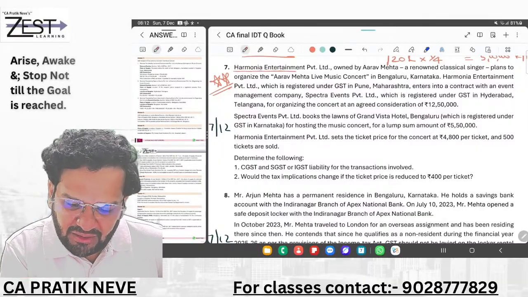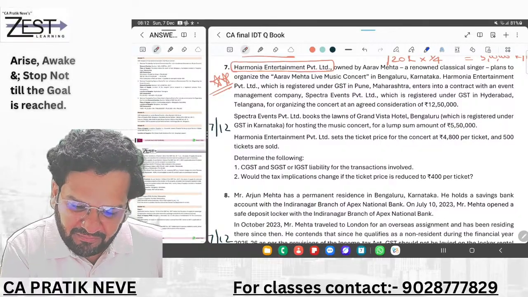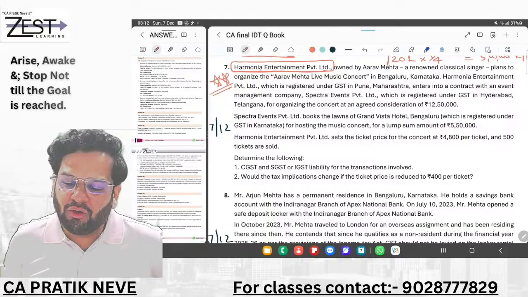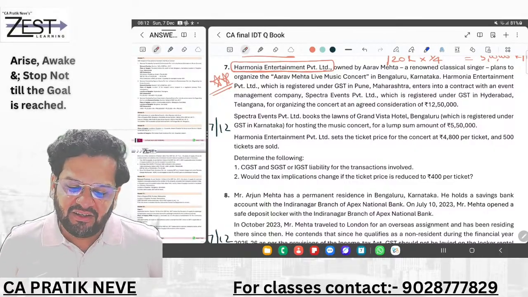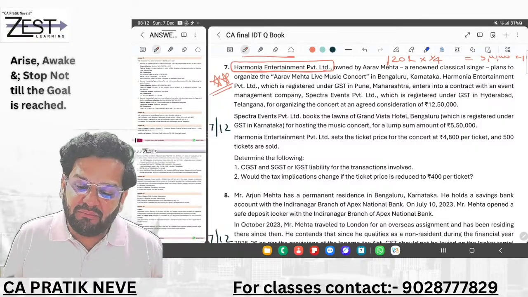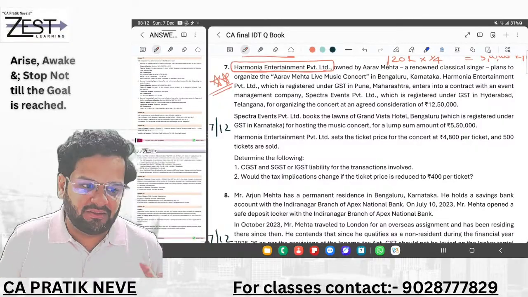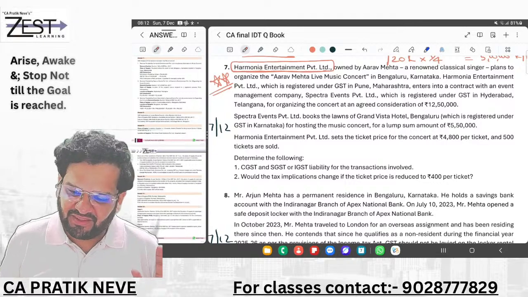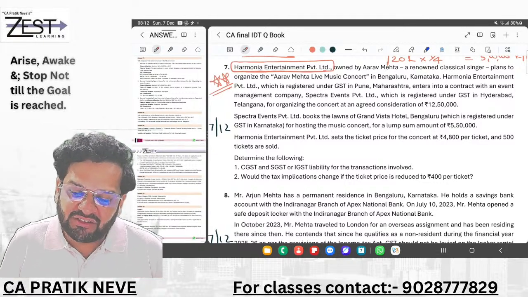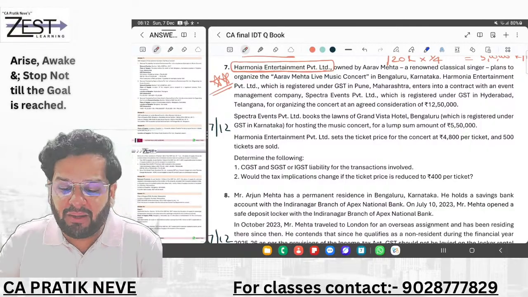Harmonia Entertainment Private Limited, owned by Arav Mehta, a renowned classical singer, plans to organize an Arav Mehta live music concert in Bangalore. Harmonia Entertainment Private Limited is registered under GST in Pune, Maharashtra.